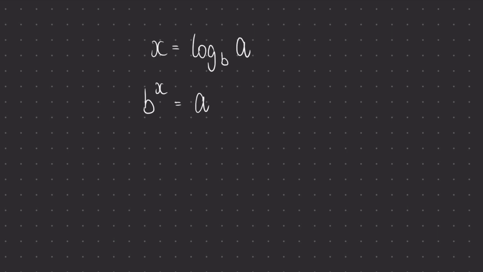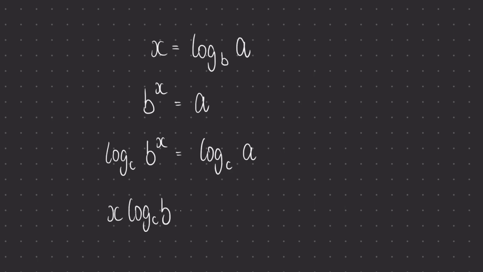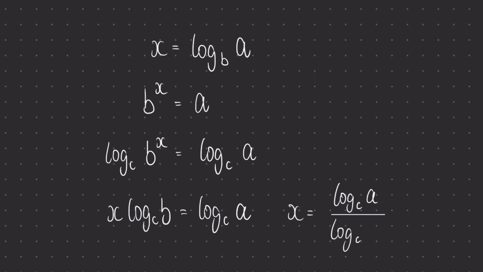What I can do now is apply a new log to both sides. I'm going to take a third number, in this case c, and do log to the base c of both sides. I can now on the left-hand side use the power law for logs to bring x to the front. And once I've done that, I can rearrange to make x the subject of the equation.